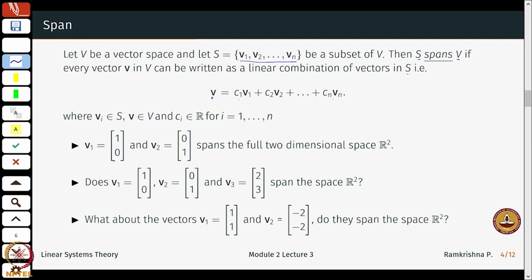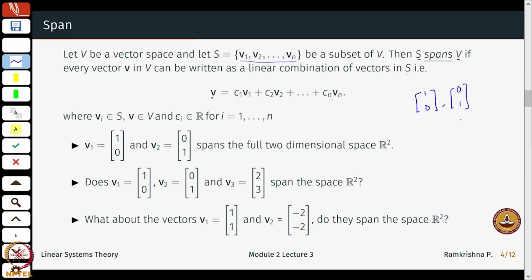In 2-dimensional space I have (1, 0) and (0, 1) as two vectors. Now, does this span the full R2?